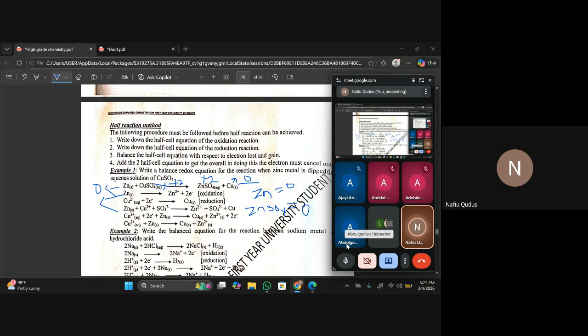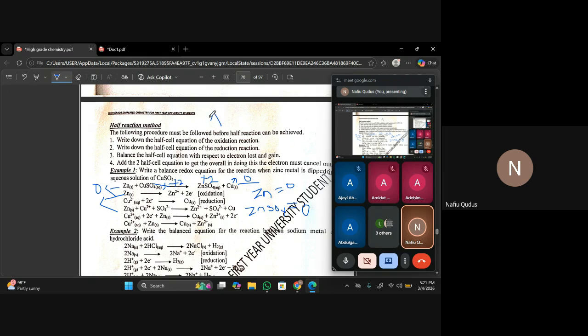Now, when we see the displacement reaction, what it means, this is just the formula. When you have A plus BC, it gives you AC plus B. This is just the simple equation for displacement reaction.